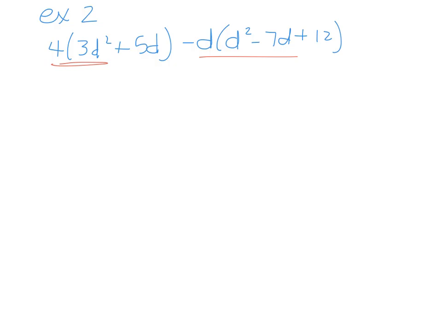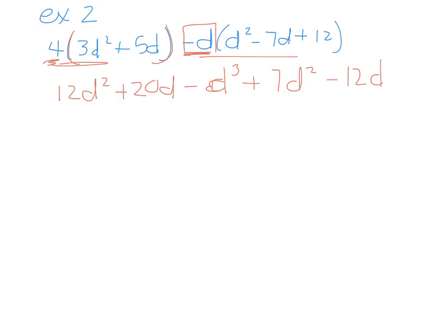So first I'm distributing the 4 into this first set of parentheses. That will give me 12d squared plus 20d. Now I'm distributing negative d. So really important that you remember this is a negative d. So that gives me minus d to the third plus 7d squared, and then minus 12d.